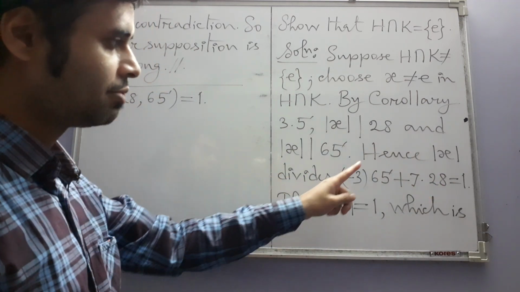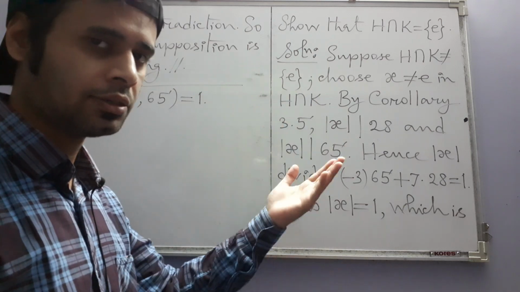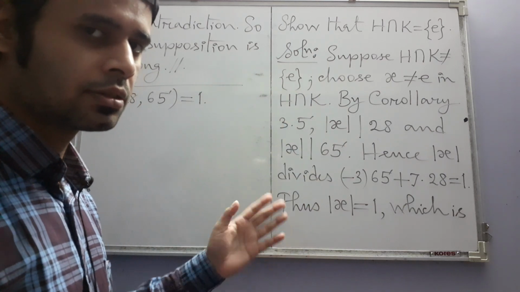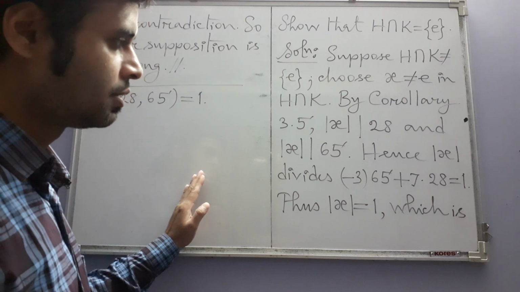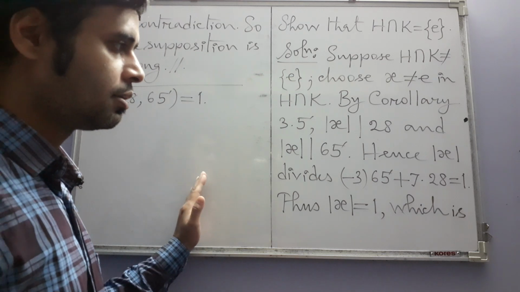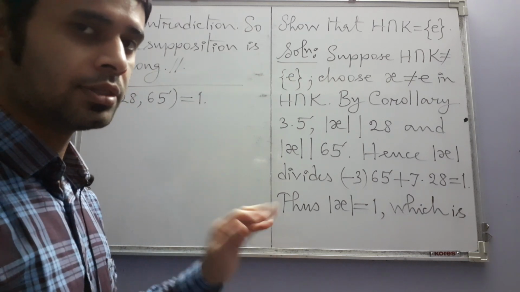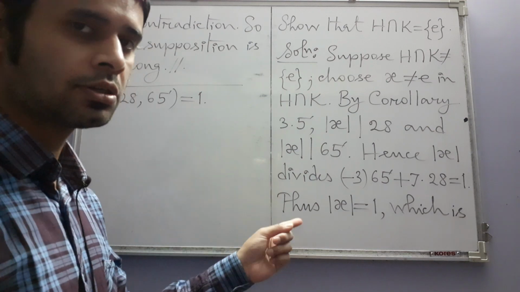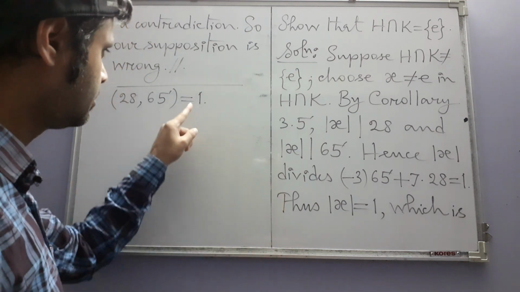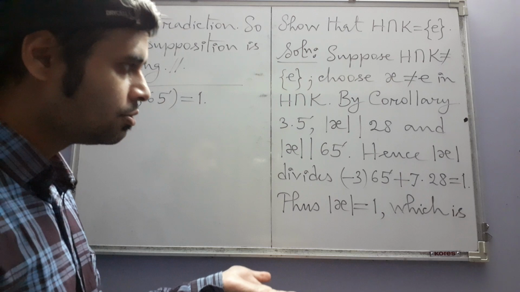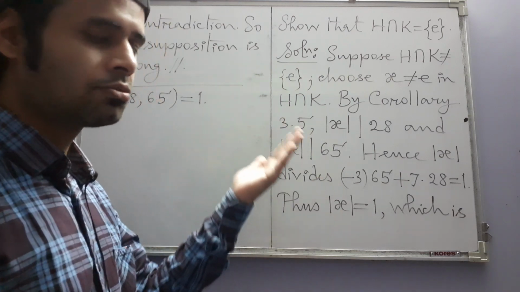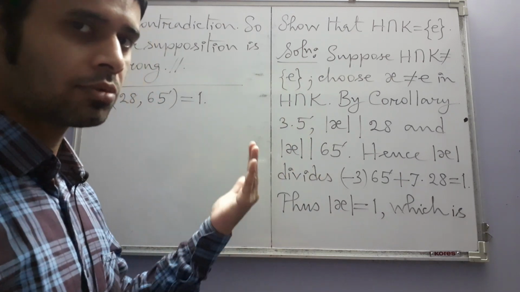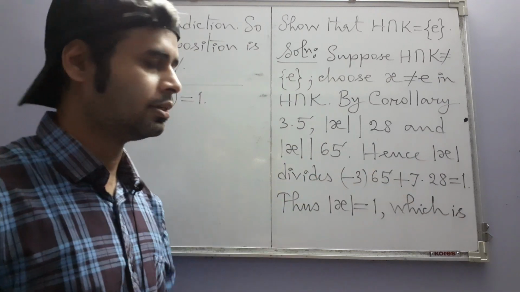You then next divide 28 by that remainder, and you keep on doing these divisions until you get a zero remainder. The last non-zero remainder is the GCD, and that GCD turns out to be 1. You then use these division equations and run backwards to obtain these integers.